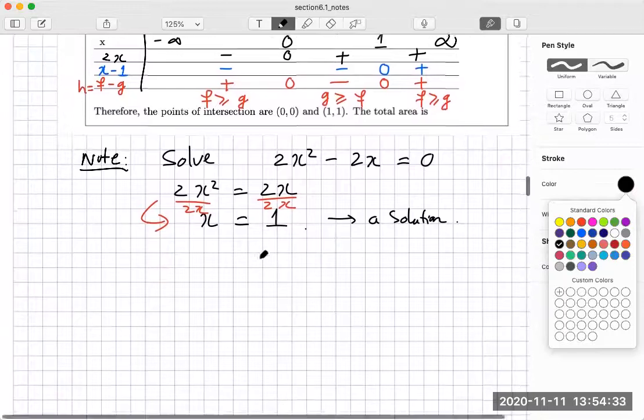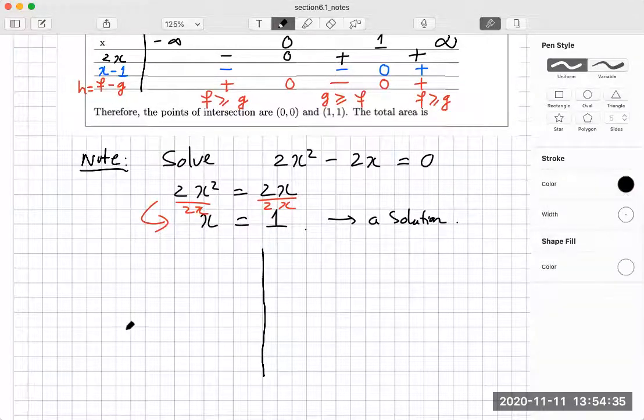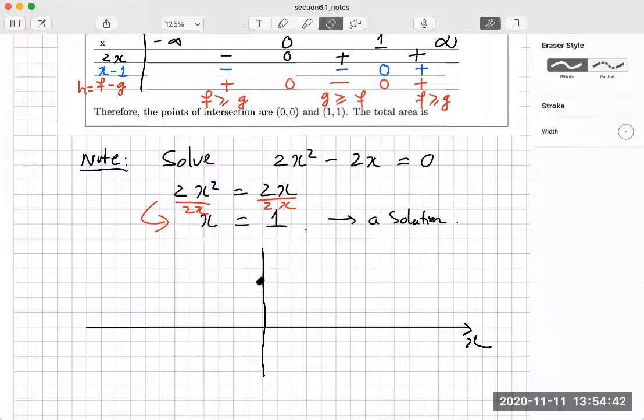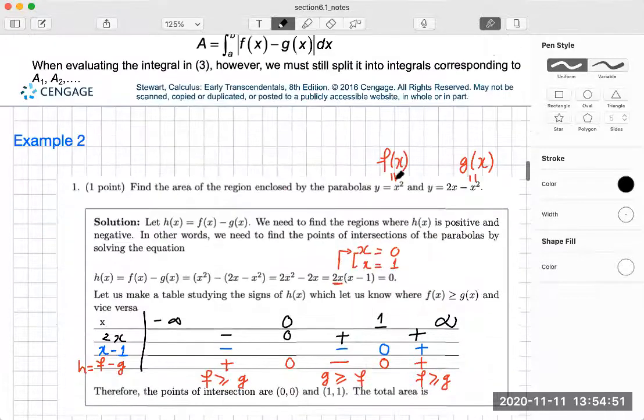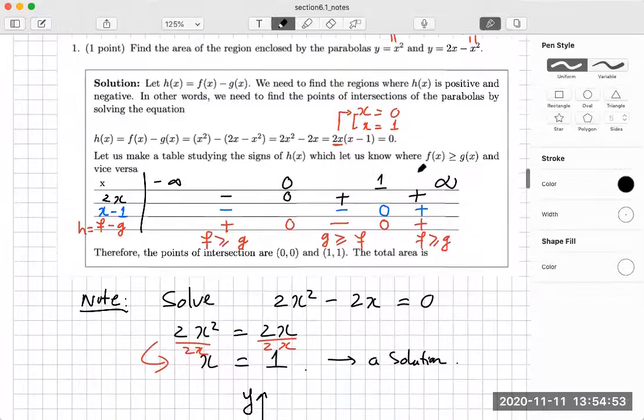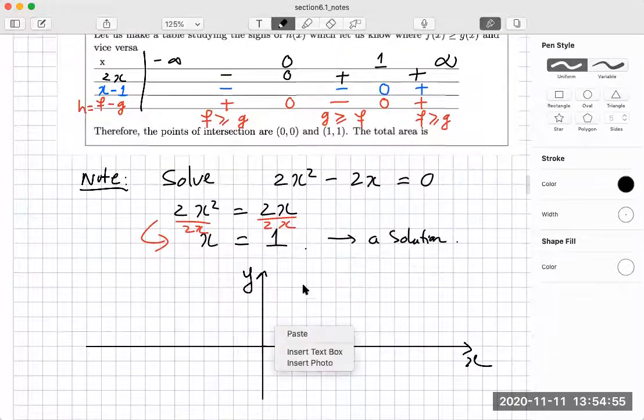Let us do it first. So the function f is x squared. As you studied before in the previous chapter, you can draw it easily. It will be a curve; at 2, it would be 4.